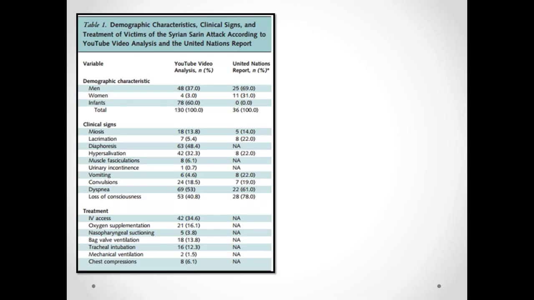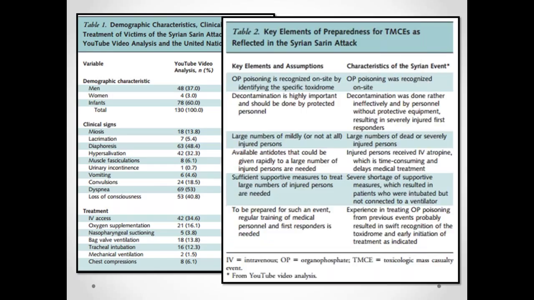You can see this is a classic table 1 that describes characteristics of patients and the unfortunate symptoms and management. And then this is table 2 from that study, where it provides key elements of preparedness, and it shows the assumptions of how preparedness should be undertaken, and then the characteristics of the attack.